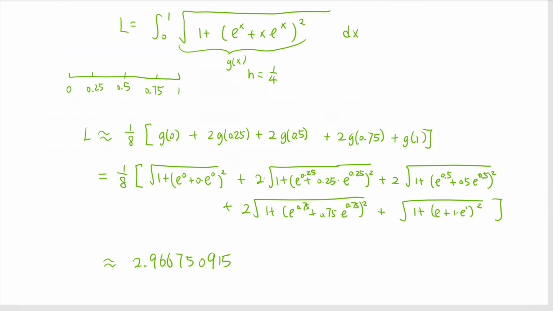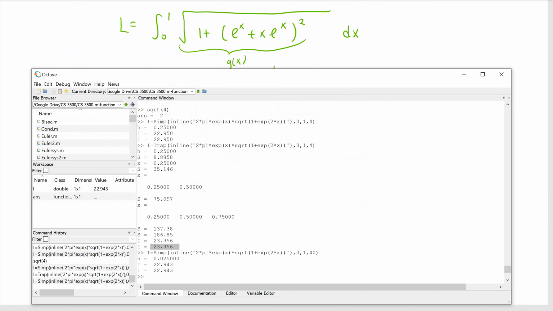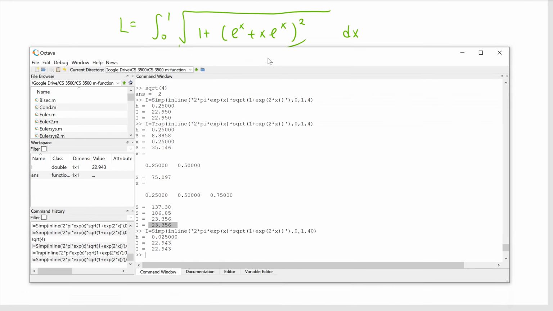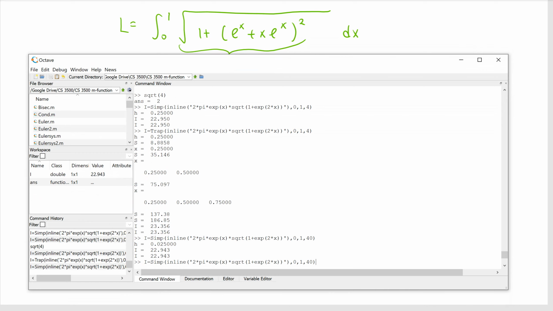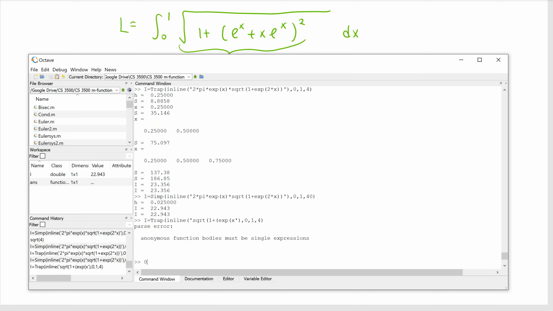All right, now let's use Octave or MATLAB to check our work. So here we have this. We're using trapezoid, and then here we change our function to the square root of 1 plus parentheses e to the x. Oh, I typed the wrong number.